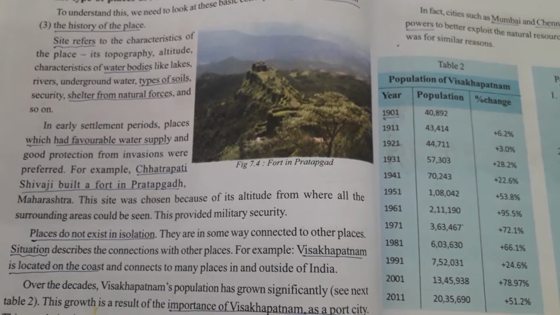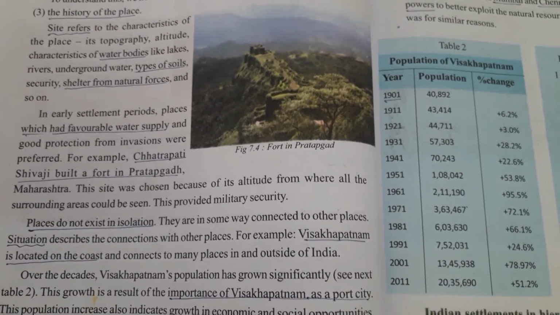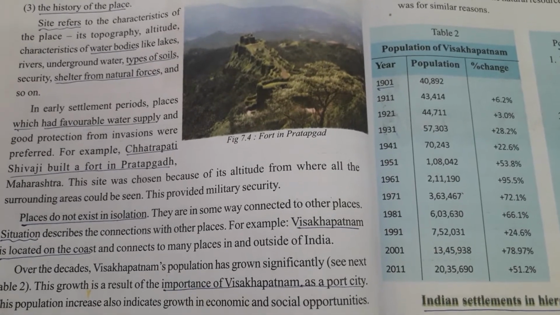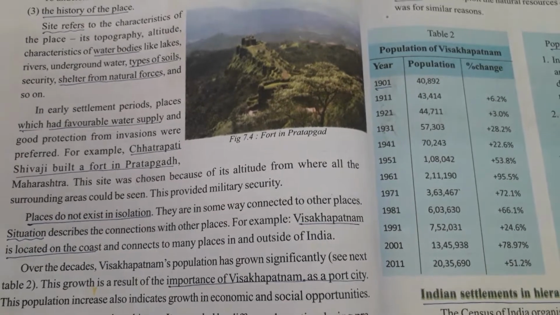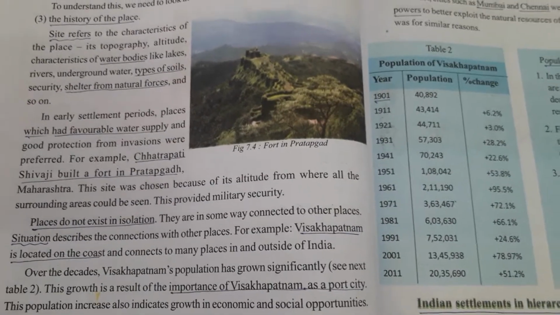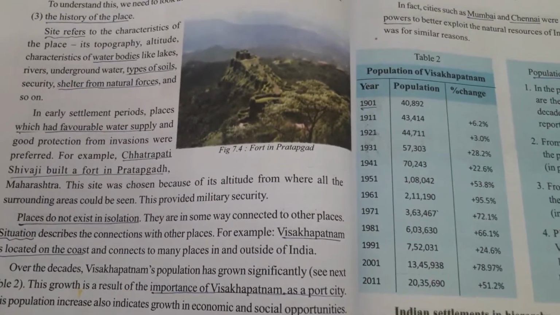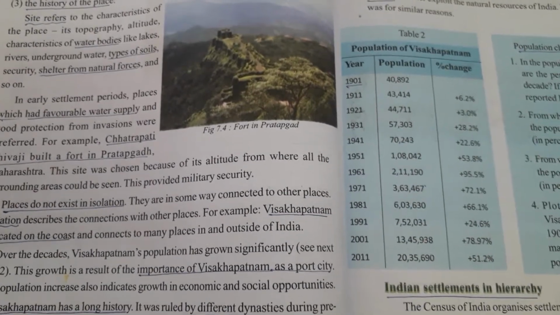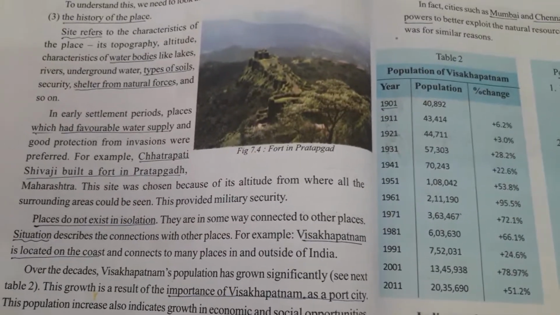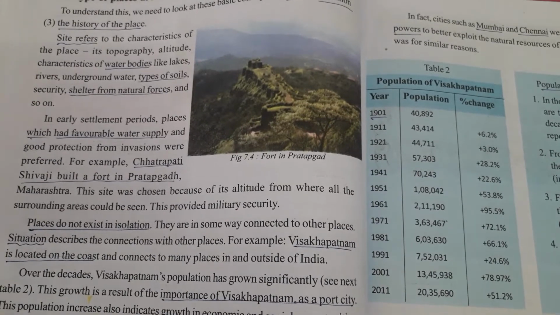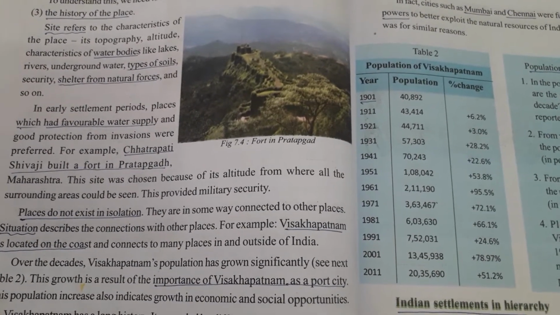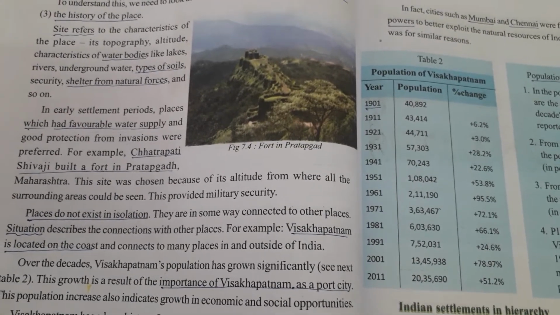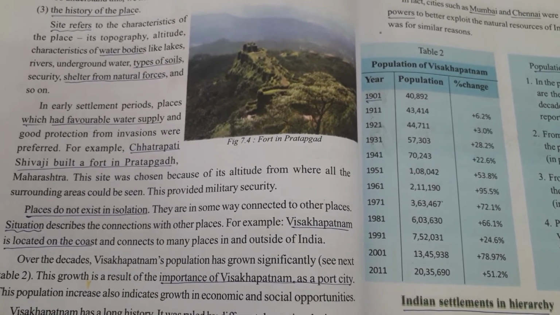For example, Vishakhapatnam is located on the coast and connects to many places in and outside of India. Vishakhapatnam became popular because it was connected with other places, not only in India but even outside of India. There was a waterways connection.